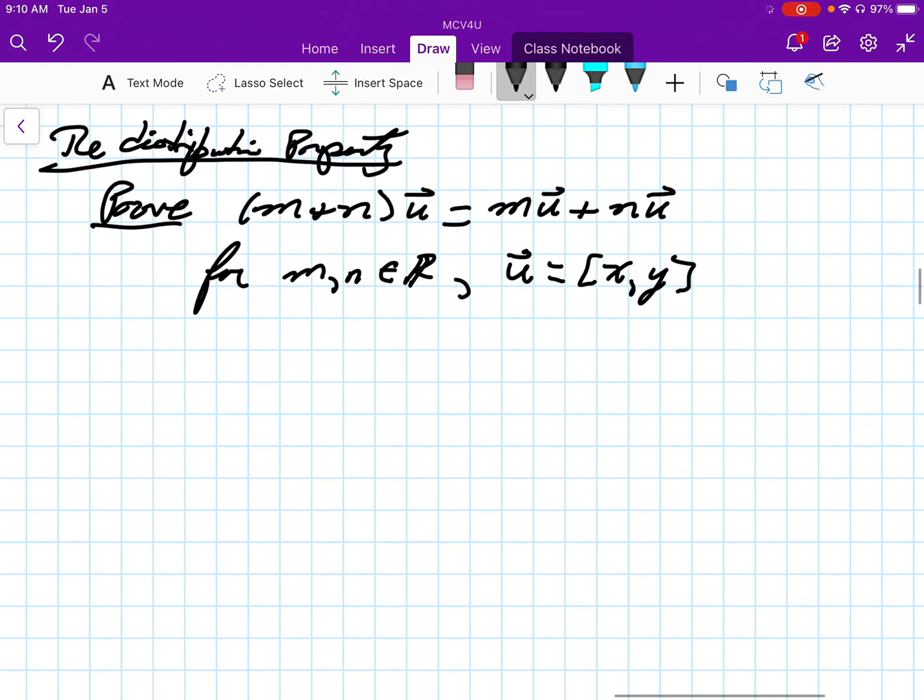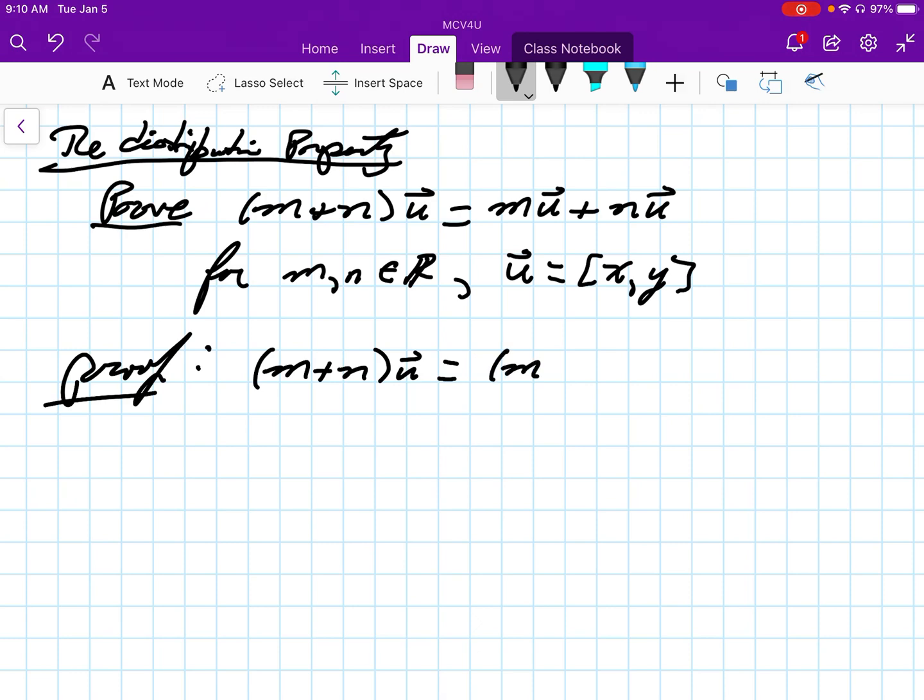All right, so here's how we prove it. We'll put the proof down, take a look at it, and we start off with the left side, okay, for the proof. Well, if we take a look at rewriting this just slightly so that we have it in vector notation here, m plus n times the x and the y. We know that the x and the y's are scalars, so we're just going to do some scalar multiplication here. M plus n is a scalar times the vector.